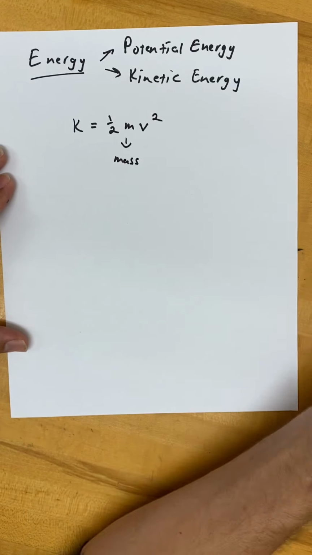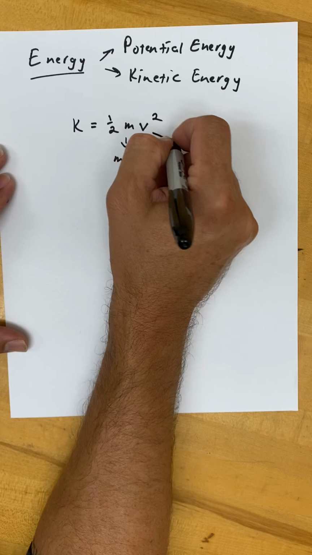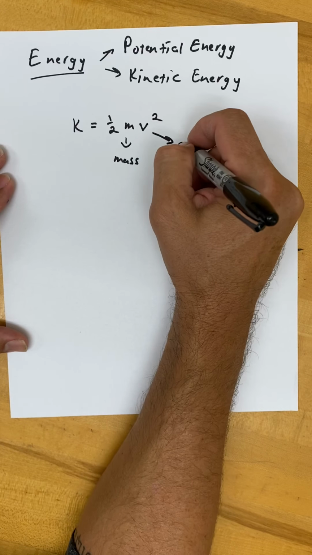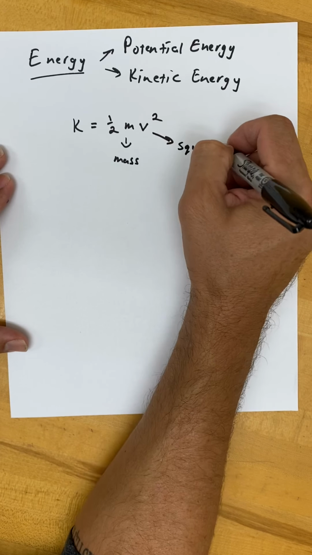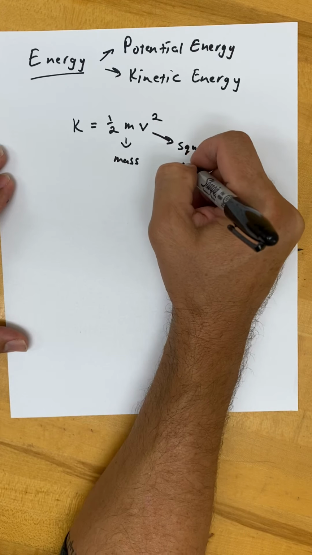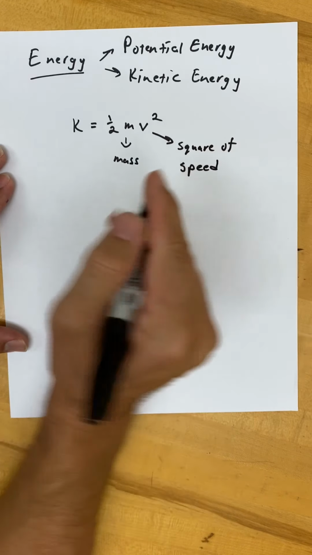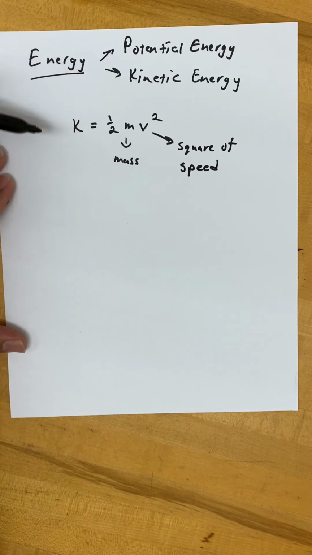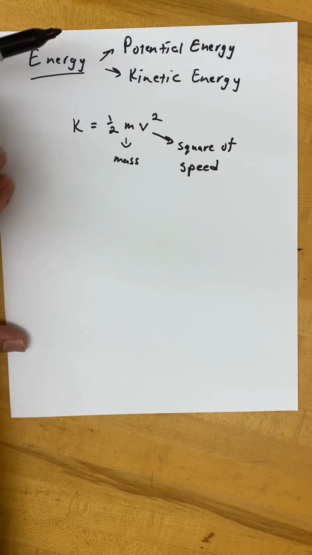the object in question. v squared, we're going to say, is the square of the speed. I can't say velocity. Number one, energy is not a vector, and velocity is. But if I have a velocity, how do I know what direction that is in? Well, chances are I'm using a negative or positive, right?